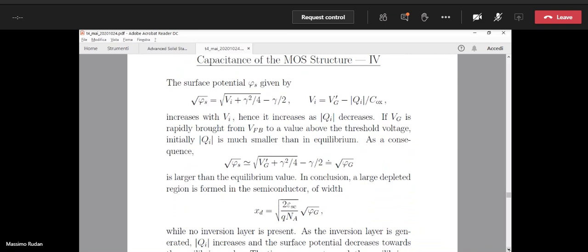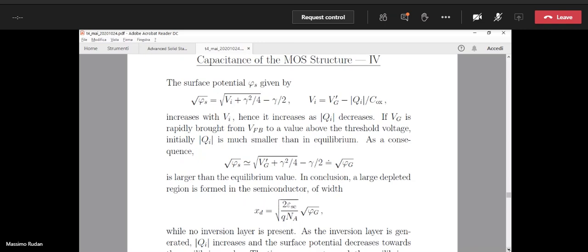And we take the typical relation, you remember, that occurs between the inversion charge in the semiconductor, the total charge in the semiconductor, and the charge associated to the bulk charge, okay? We already have examined this page a few lessons ago, but I come back to it now. It is very easy to calculate the value of the surface potential.